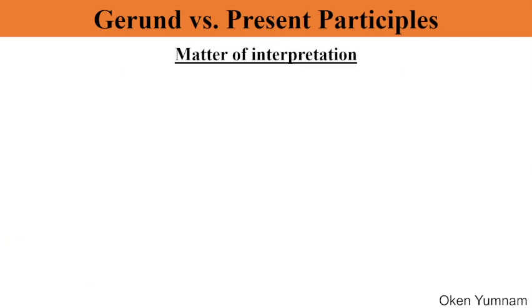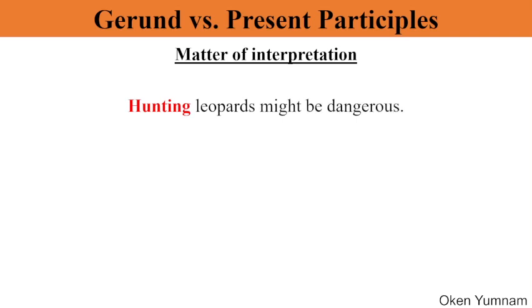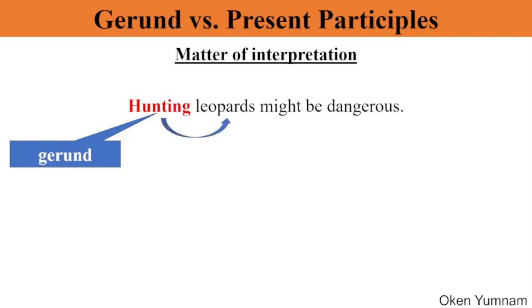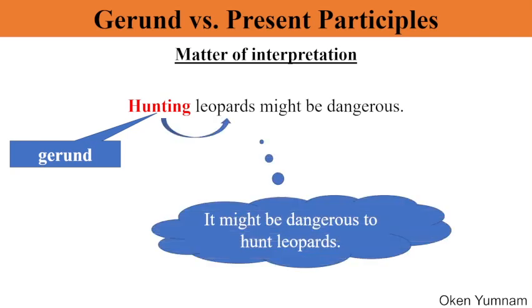Sometimes it happens to be just a matter of interpretation, of how we differentiate a gerund and a present participle. Let's observe this sentence here: hunting leopards might be dangerous. If hunting is a gerund, a noun, it means hunting is dangerous. Hunting what? You are hunting leopards. It means it is dangerous to hunt leopards.